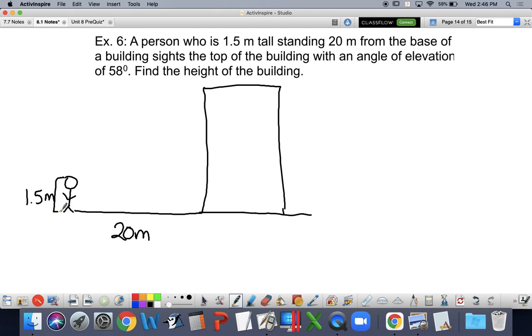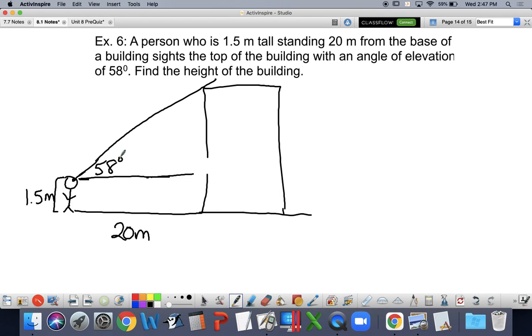He sights the top of the building with an angle of elevation. So from his horizon, which is right here, oh, that was a bad straight line. From his horizon, he sees the top of the building sighted at 58 degrees.